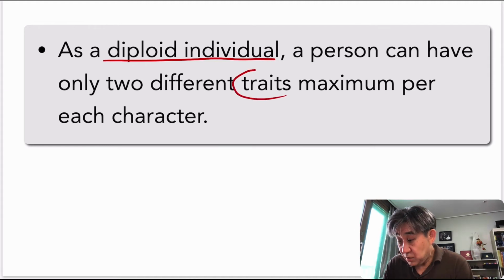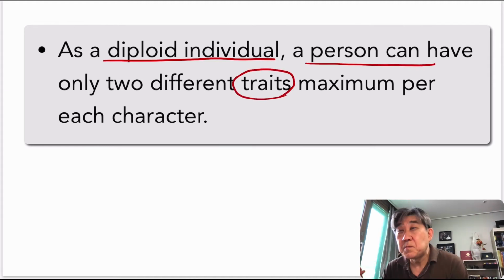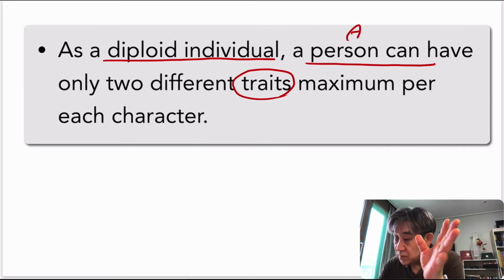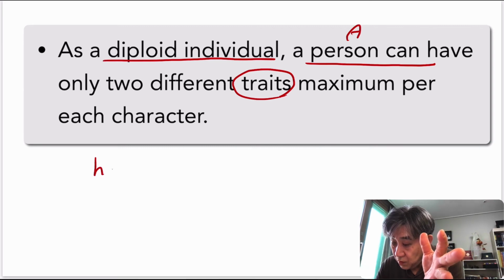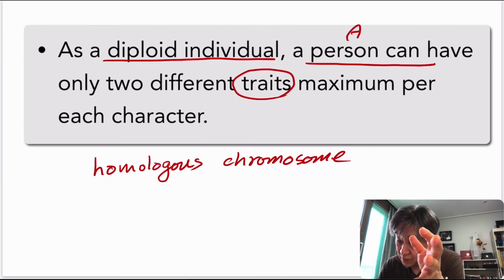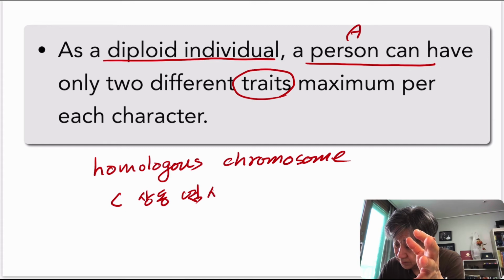So in terms of a trait, a given person has two copies of a chromosome. These two copies of chromosomes are called homologous chromosomes. In Korean, it's called this.